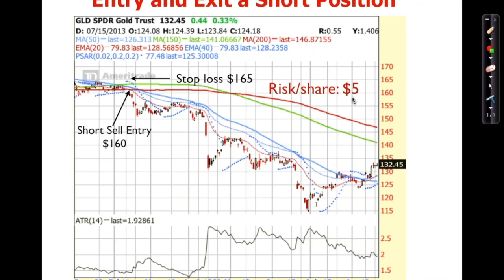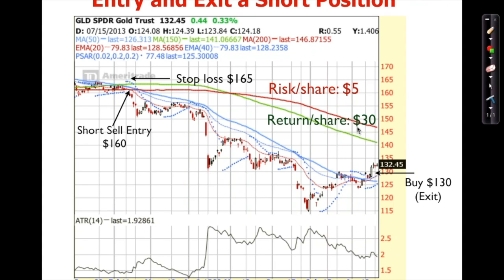Now, if it goes down, which I expect, and in this case it goes down and I buy back at 130, what's my profit per share? It's 160 minus 130. My profit per share is $30. I'll also teach you in the full training how to estimate how much profit you can make.